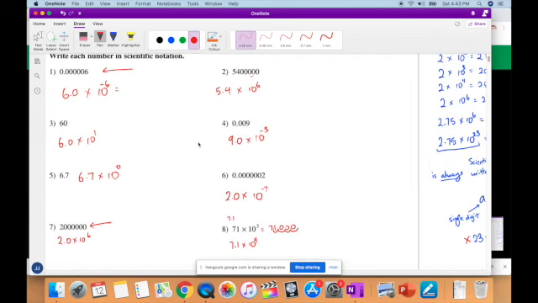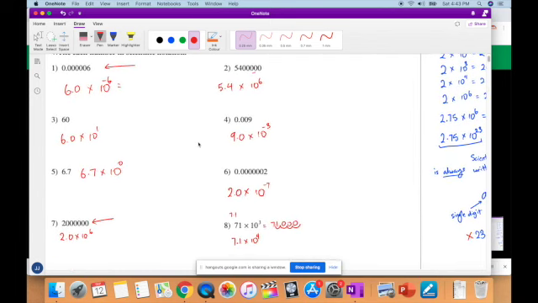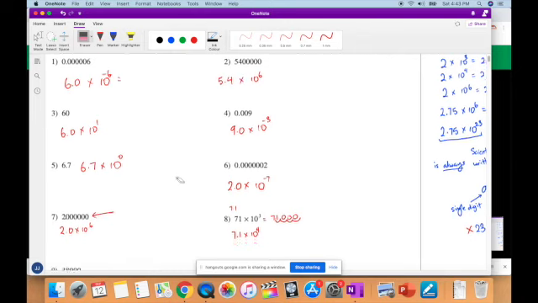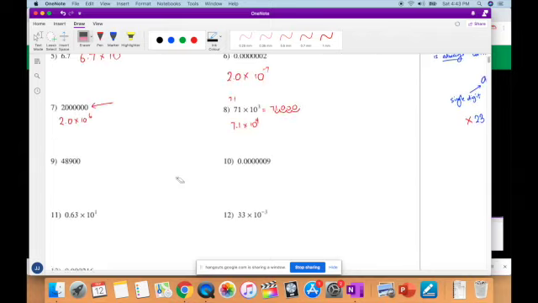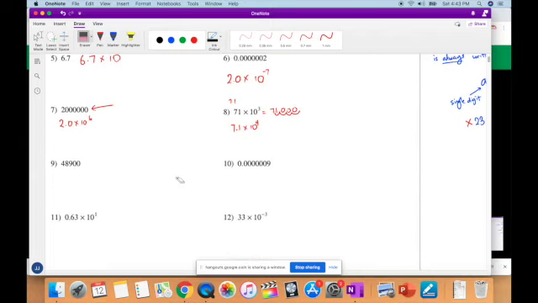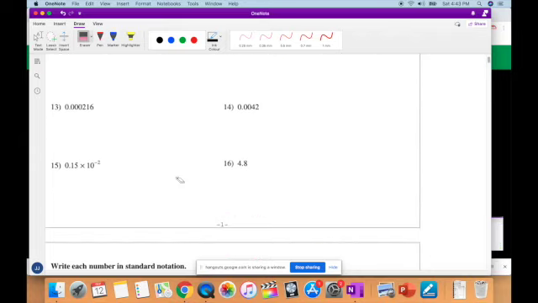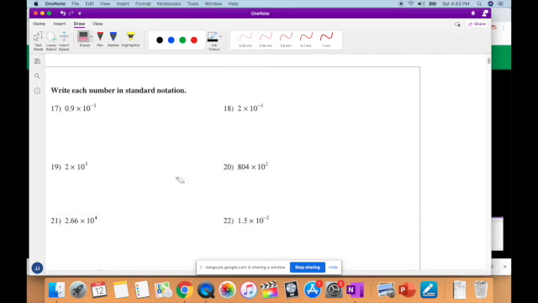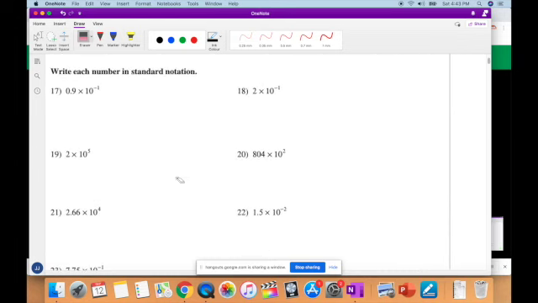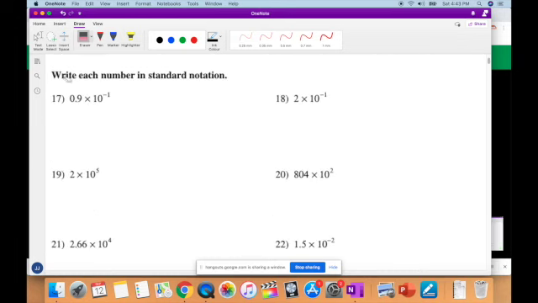Did you guys write this down? Caitlin, you wrote these down? You sure? All of them? Alright. So we have numbers here that you can write into standard form, and then we have the standard form, right? Each number in standard notation.